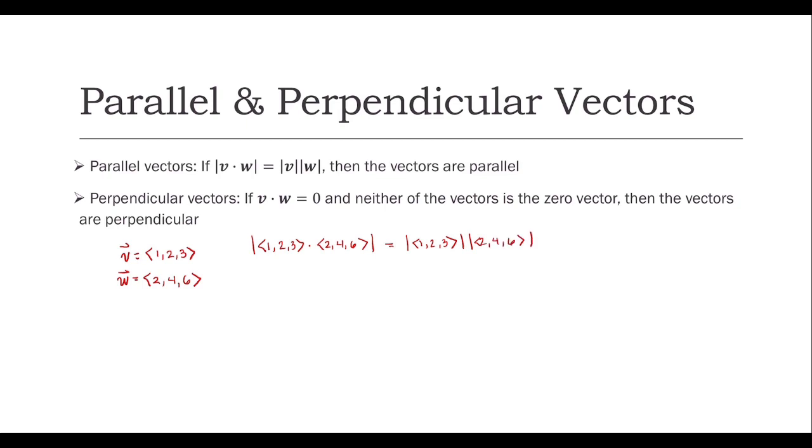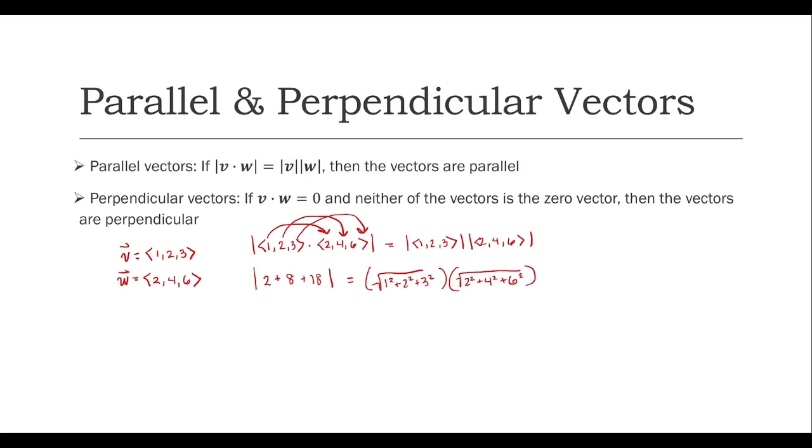So our v dot w is 1 times 2, which is 2, plus 2 times 4, which is 8, plus 3 times 6, which is 18. So we'll do the magnitude of that equals our magnitude of (1, 2, 3), which is the square root of 1 squared plus 2 squared plus 3 squared, times our magnitude of (2, 4, 6), which is the square root of 2 squared plus 4 squared plus 6 squared.